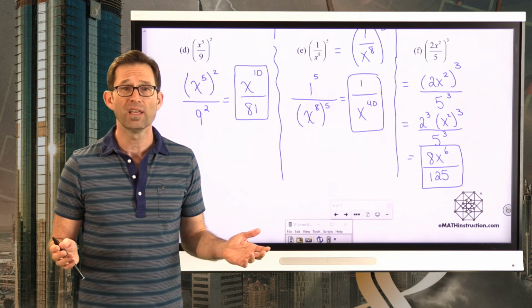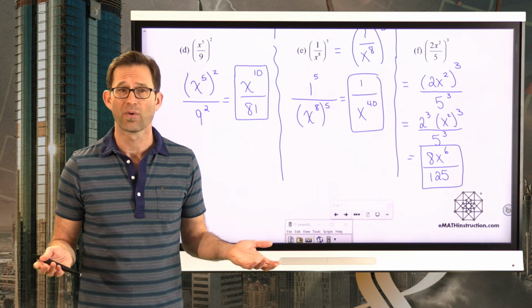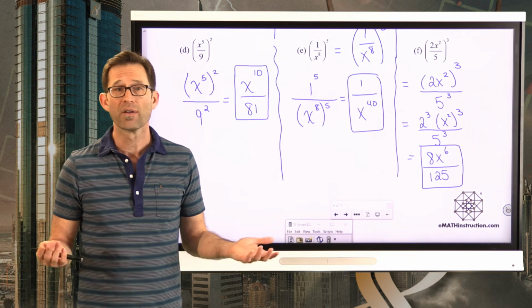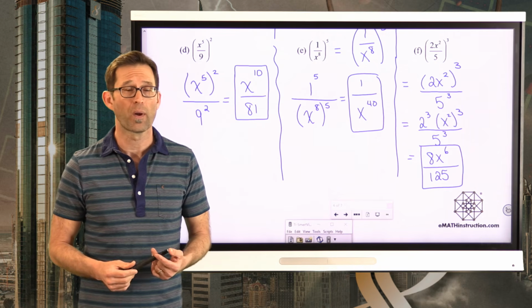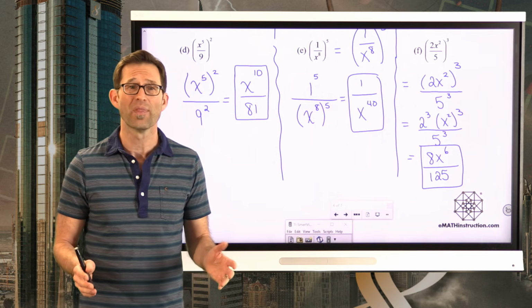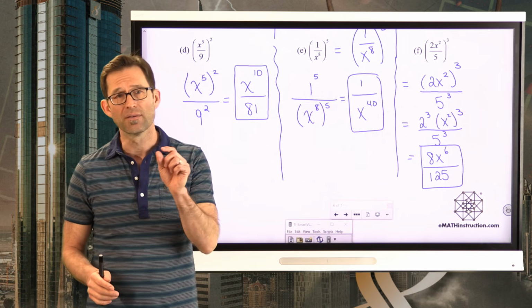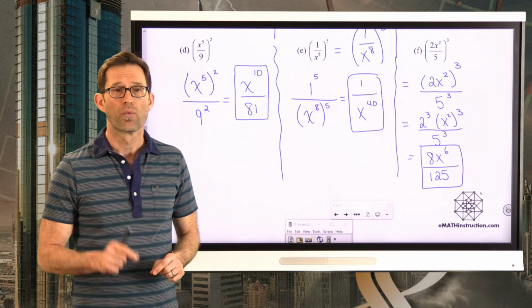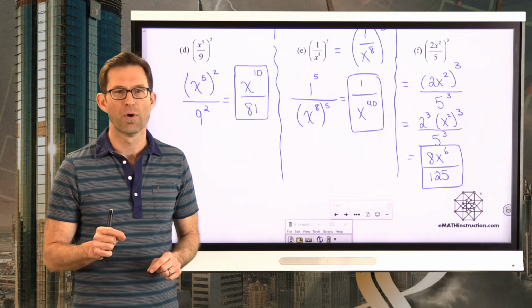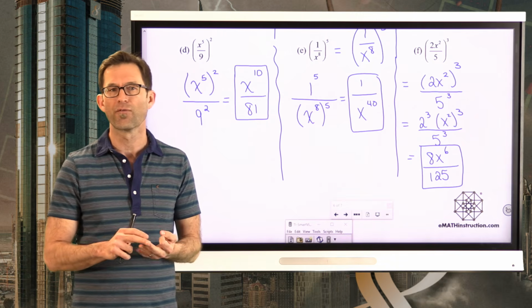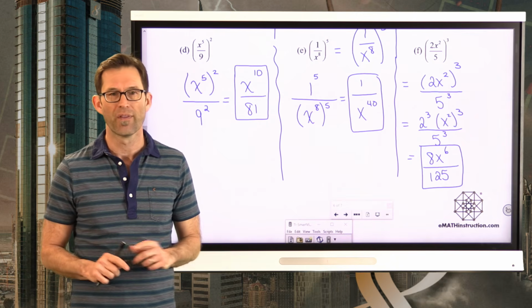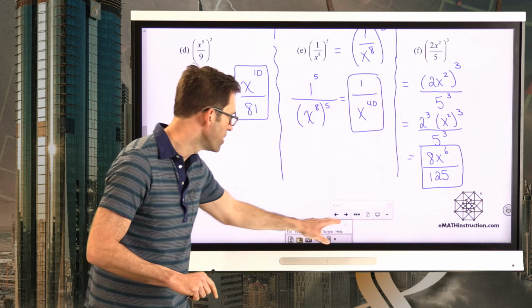If I get 13 to the fifth, I'm doing that on my calculator. Do you know what I mean? Or even if I got something like 125 to the second, I'm not doing that by hand. We're talking about single-digit numbers raised to small-ish exponents, 2, 3, 4 kind of stuff. No more than that.